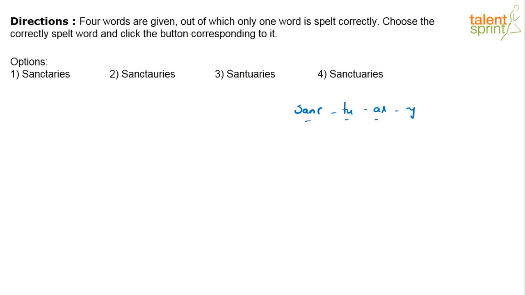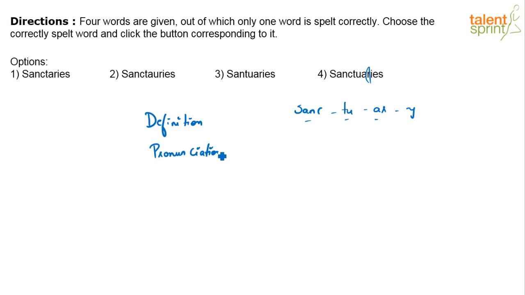So spellings, yes, IES, RIES also is a suffix. Sanctuary again is a holy place, right? Either you know the meaning of the word or you know the correct pronunciation.